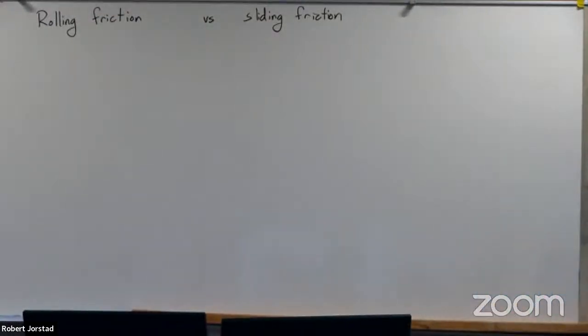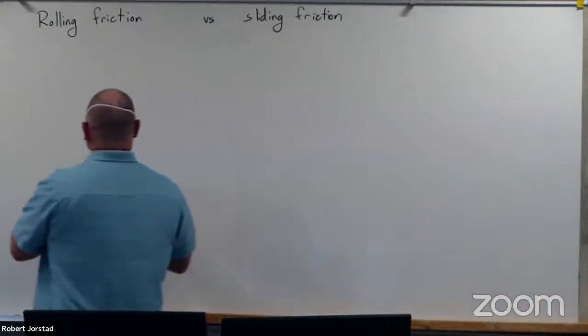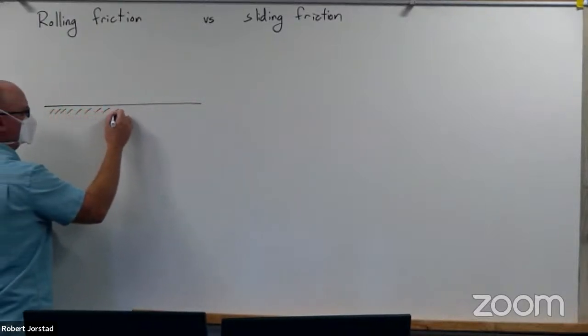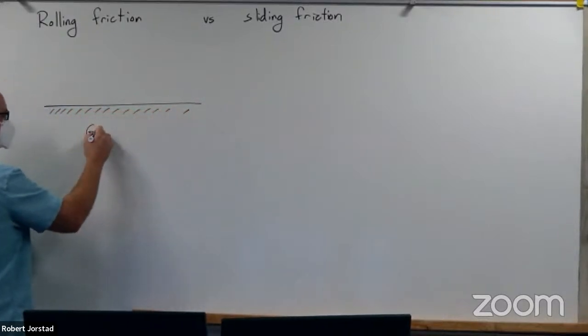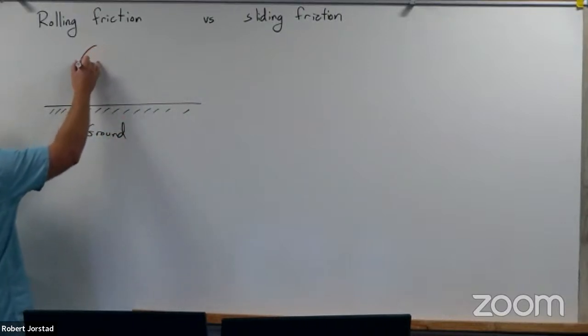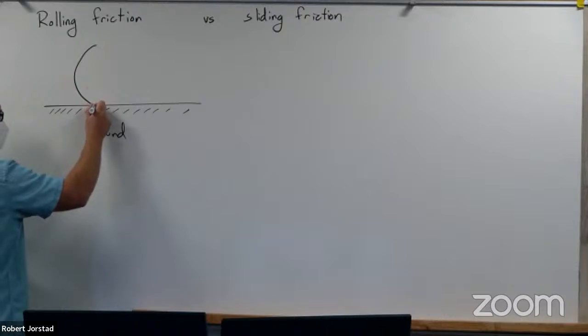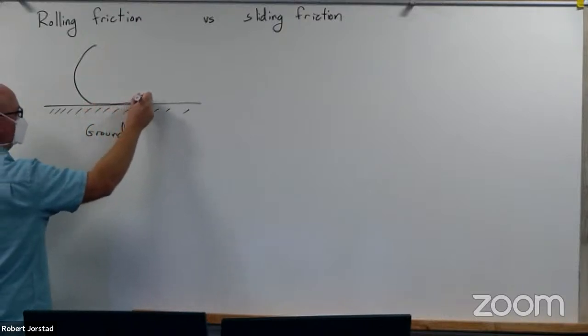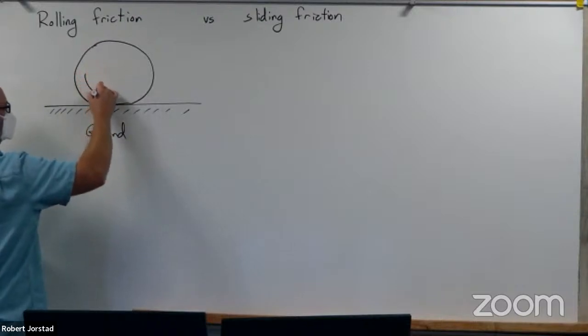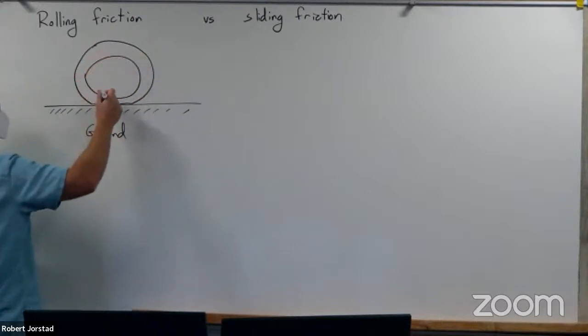Okay? So in this case, I'm going to draw an exaggerated picture of this. This is the ground. And here's this tire. And it kind of flattens out down here. And so maybe this is our bike tire or something like that.